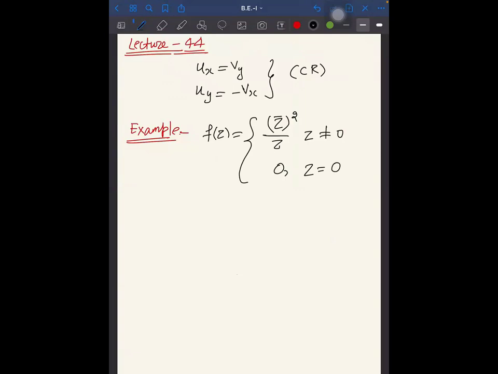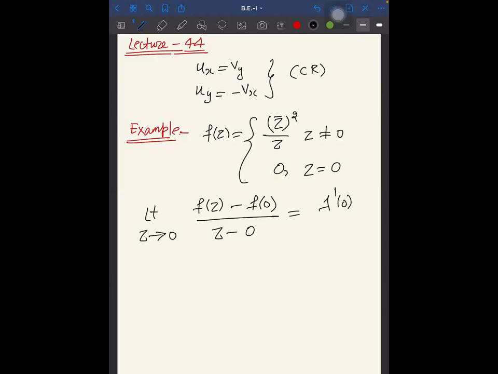So we need to find (f(z) minus f(0)) upon (z minus 0). If this limit exists, we'll say that the function is differentiable, otherwise not. That is nothing but f dash 0, if it holds.